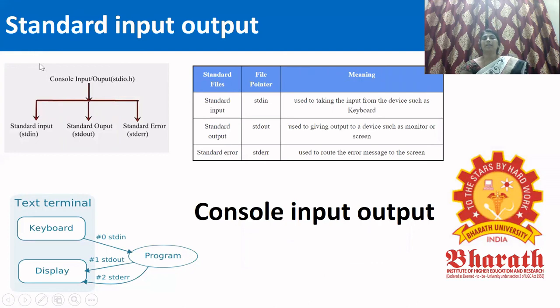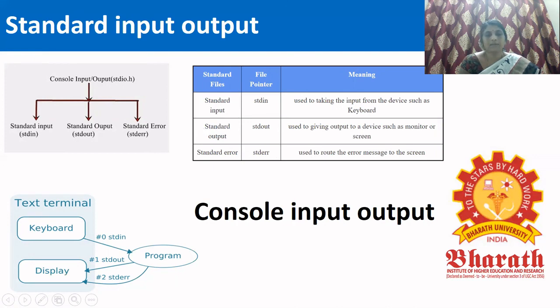The standard input output used in C language is stdin, stdout, and stderr. stdin is used to take input from a device such as the keyboard. stdout gives output to the monitor, that is the console screen. And stderr is used to route error messages to the screen.